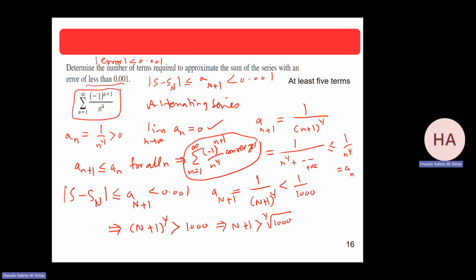What is the fourth root of 1000? 2 to the power 4 is 16, too small. 3 to the power 4 is 81, still small. 4 to the power 4 is 256, still small.